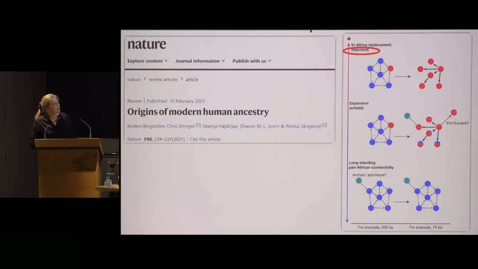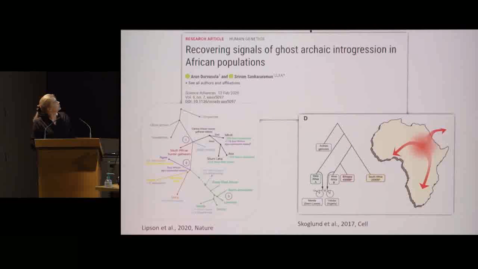Interesting here, they note possible archaic admixture, so a group that diverged earlier from the population tree that sort of mixed back in the population tree, like Neanderthals, for instance, mixed into non-Africans. Similar events could have happened in Africa, where an early diverging group mixed back into one of the modern-day African populations. So there's a possibility of that. And this is also a question that many groups are investigating.